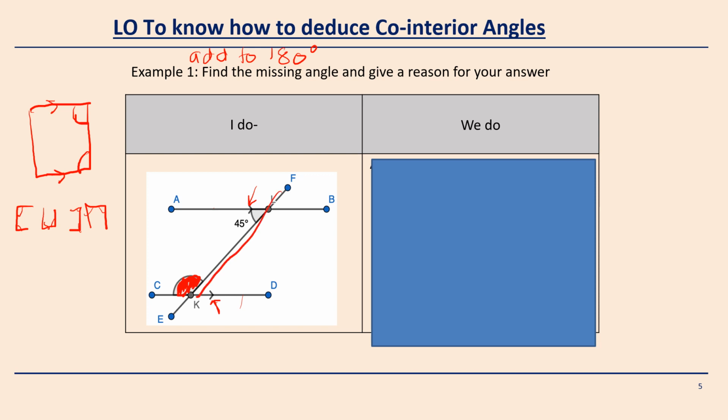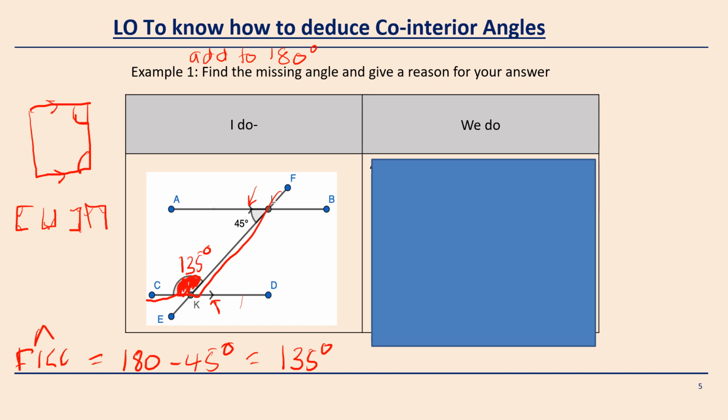F, K, C: angle with a little hat equals 180 take away 45 degrees, so that's 135 degrees. And then you can go on to use other angle facts if you were asked to find the rest of the angles.